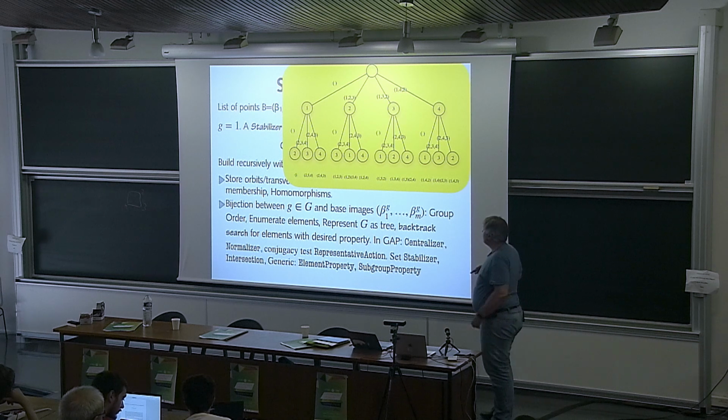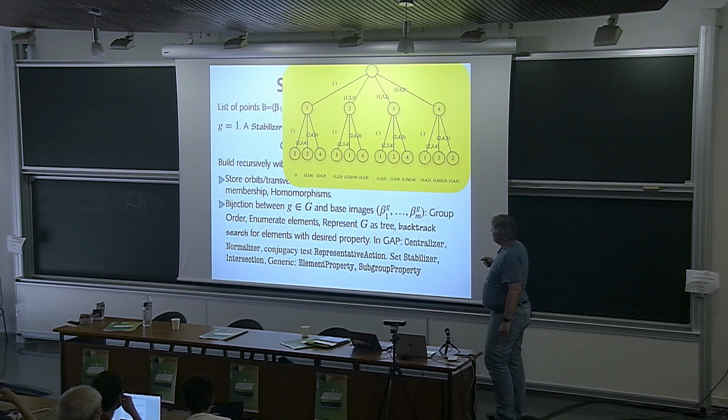And that gives me 4 choices here and then 3 choices each, in total 4 times 3, which is 12 choices, which is the order of the group. So if you go through this tree, basically the numbers you get are the 2 points of the base image, and that describes the elements of the group.